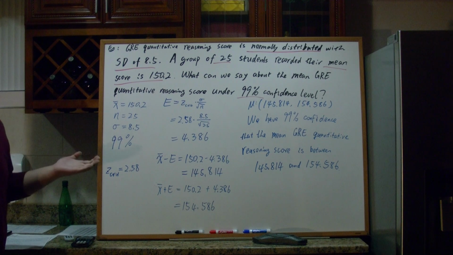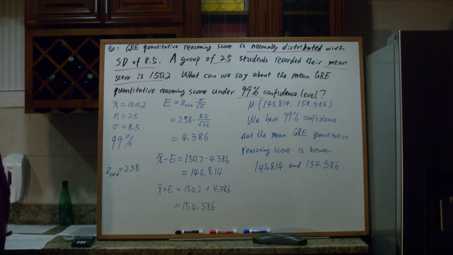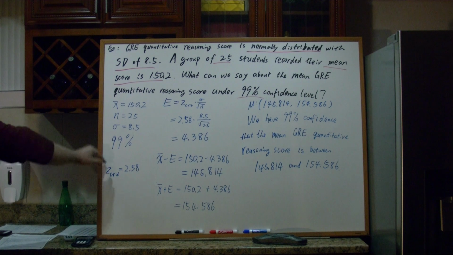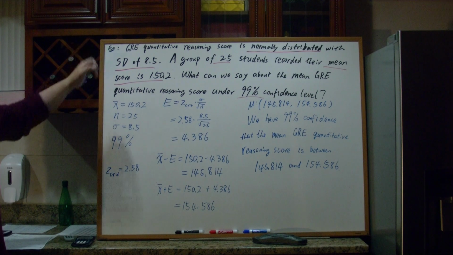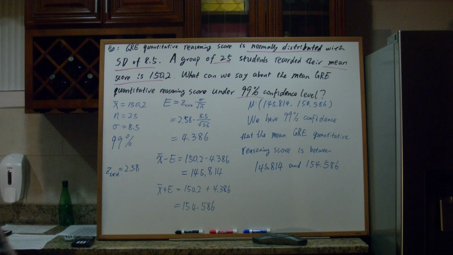If we don't know but the sample size is big enough, then the sample mean could be approximated as a normal distribution. That's what the central limit theorem states, and that's what we are using. The thing is we have to know at least the standard deviation of the original population.